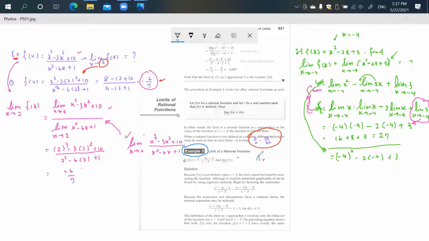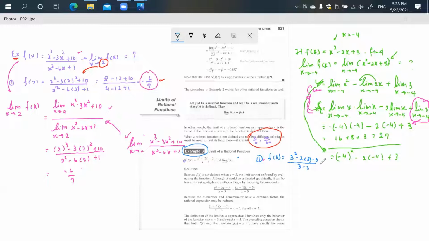The first step is what? You replace x, right? x equals 3 in here. So you're going to have 3 to the power 2 minus 2 times 3, and then minus 3, over 3 minus 3.